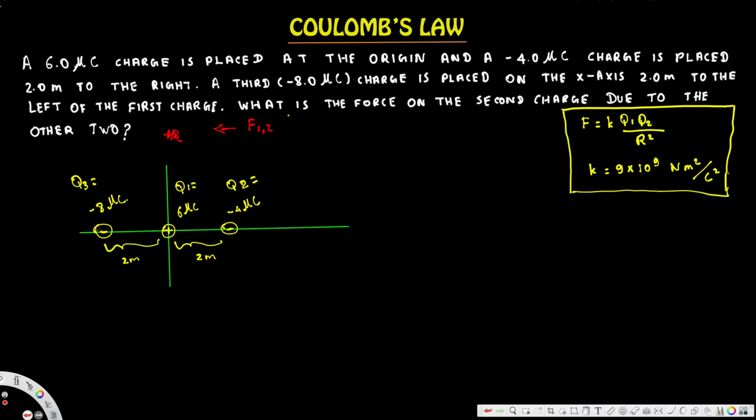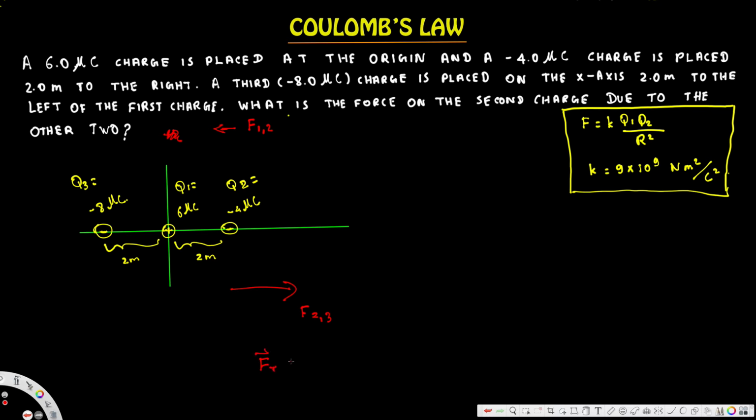Q3 is the same charge as Q2, so when we have same charges, they will repel each other. So the force on Q2 due to Q3 is going to be in the opposite direction, and that's going to be F23. Now the question is asking for the total force due to the other two. To calculate it, we just add both of them.